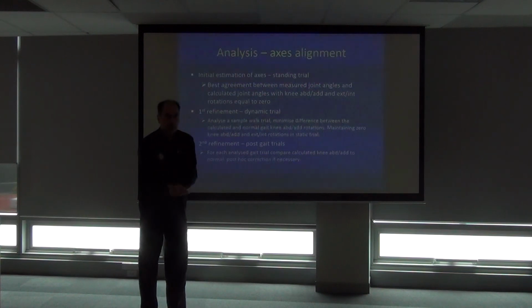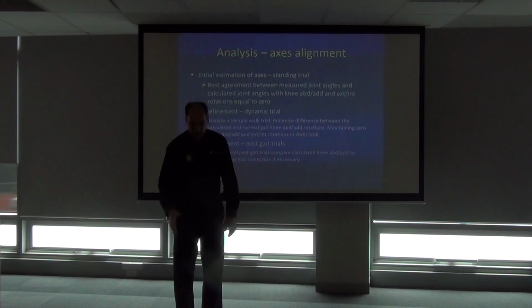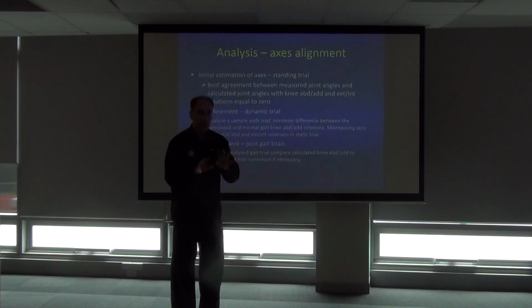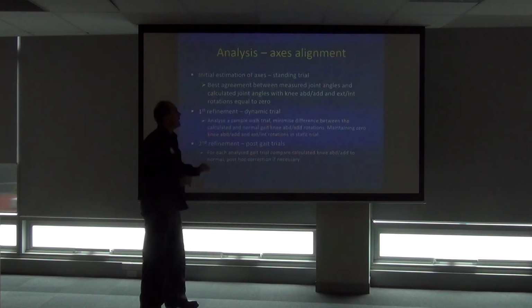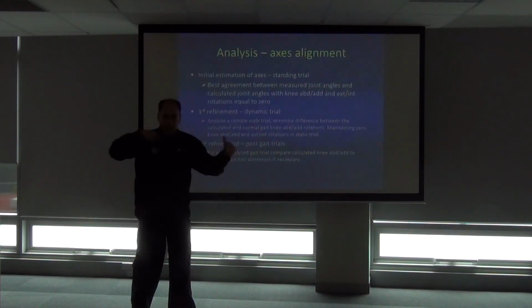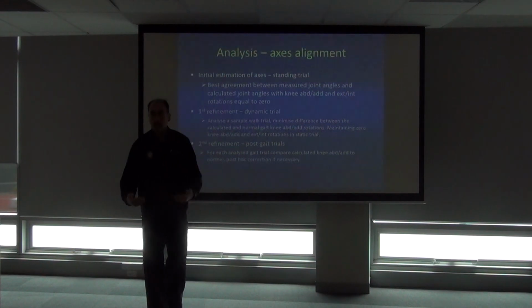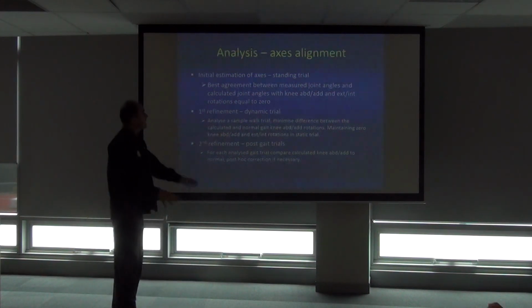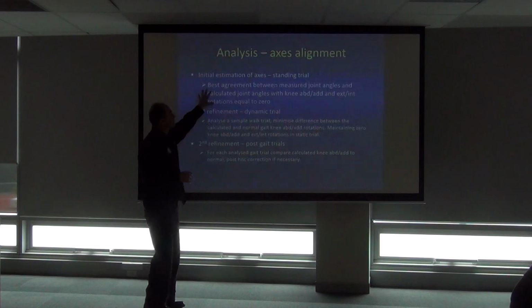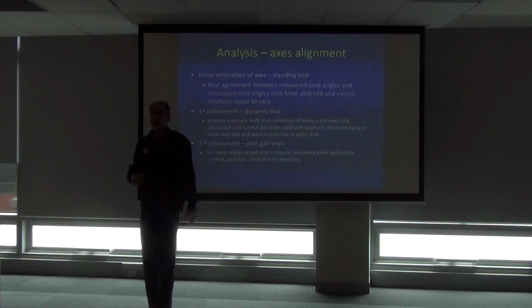Okay, so flexion extension can vary, but abduction, adduction, internal, external rotation, extended knee, weight bearing is going to be assumed here is 0. Then the axes fit, pelvis to the thigh, shank, foot, are fitted with that constraint to best fit those measured joint angles.